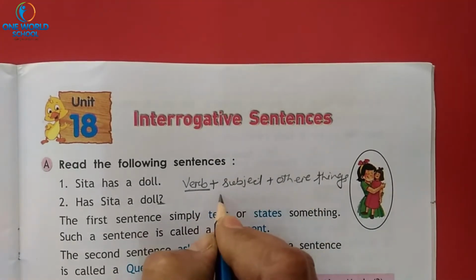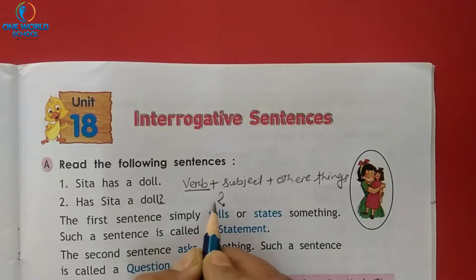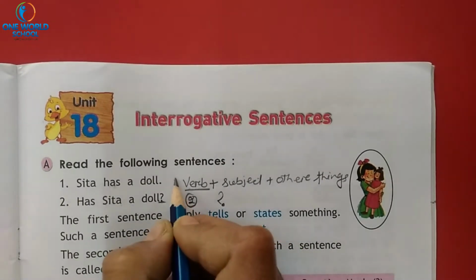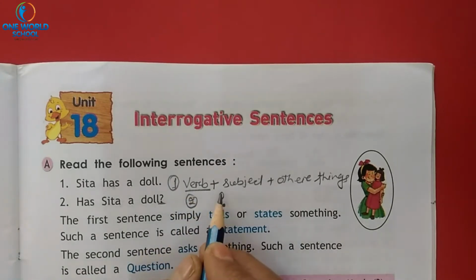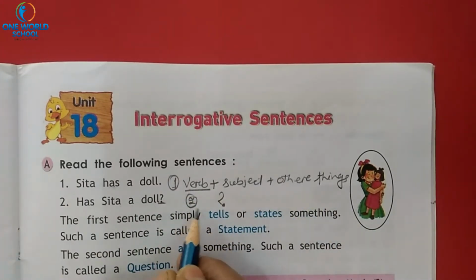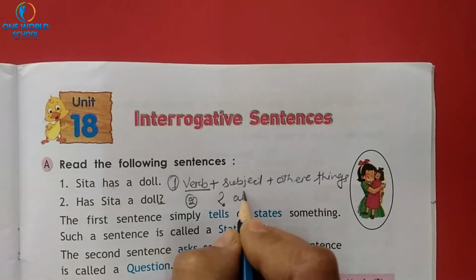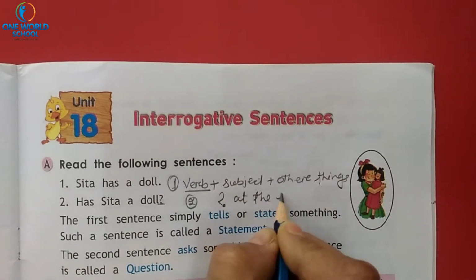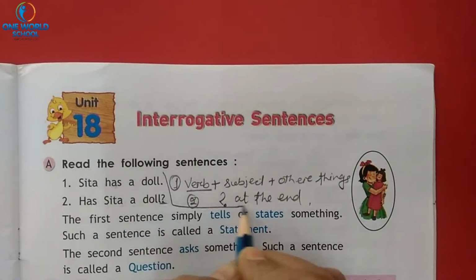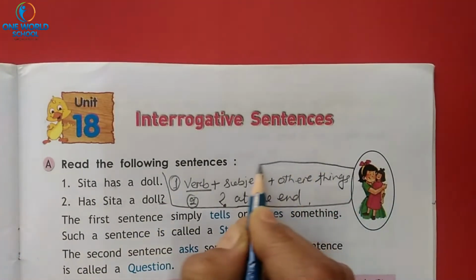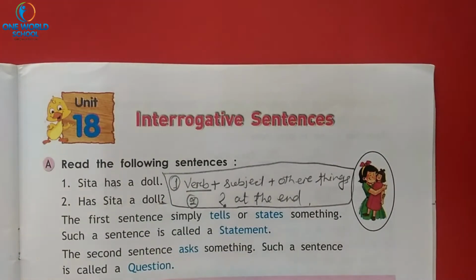And at the end of the interrogative sentence, there is a question mark. So the first thing is verb plus subject, then other things. The second thing is the question mark at the end. These two things you have to remember so that you will be able to write the interrogative sentence.